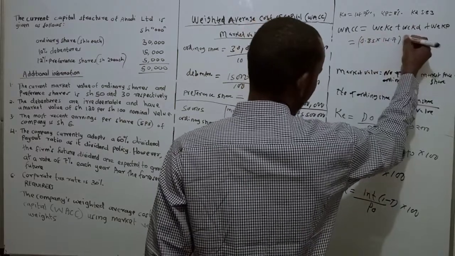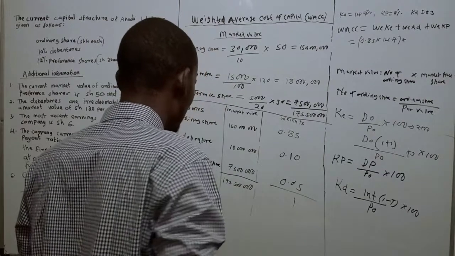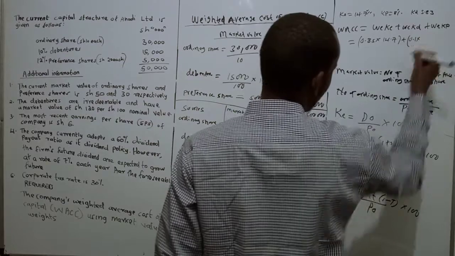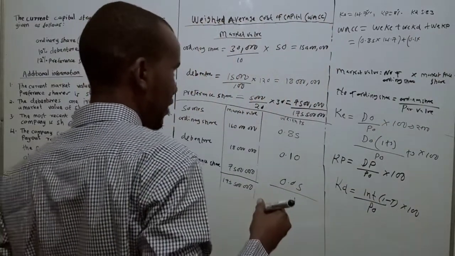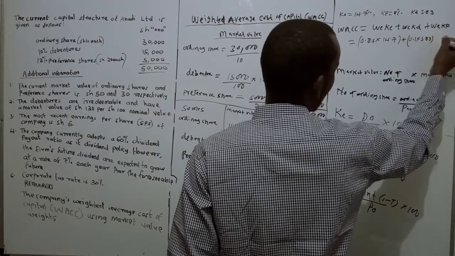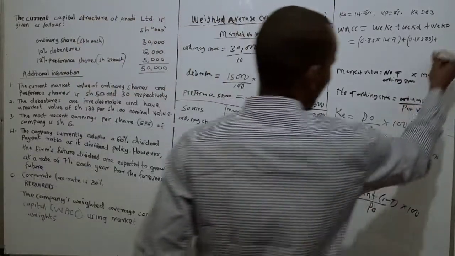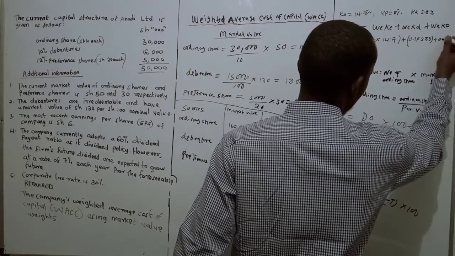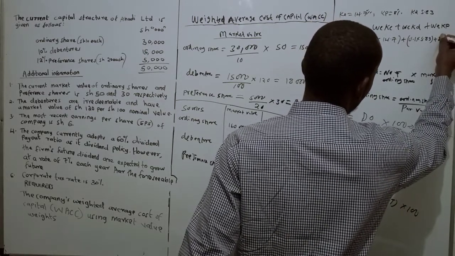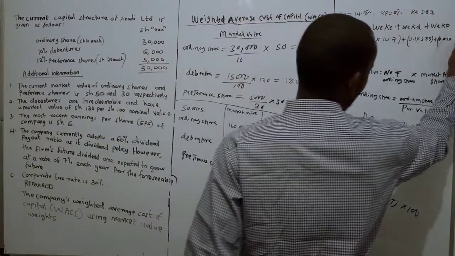This we are going to add the weight of debentures, which is 0.1, then multiply it with the cost of debenture, which was 5.83. Lastly, we are going to add the weight of preference share, which is 0.05, then you are going to multiply it with the preference cost, which was 8.